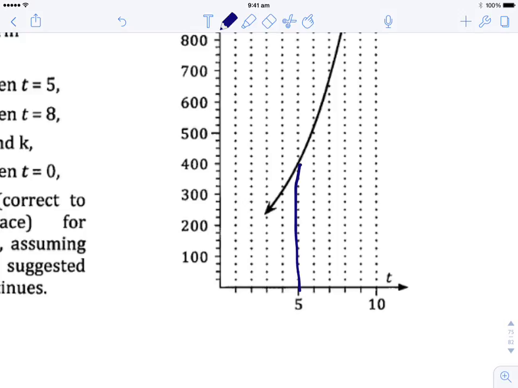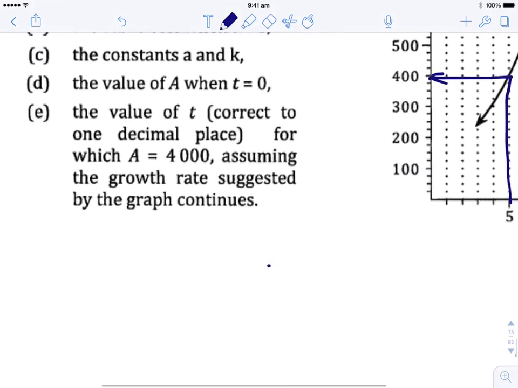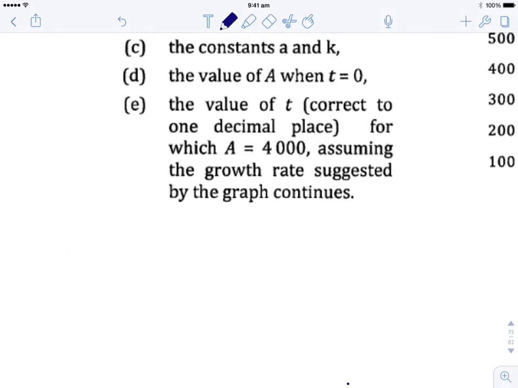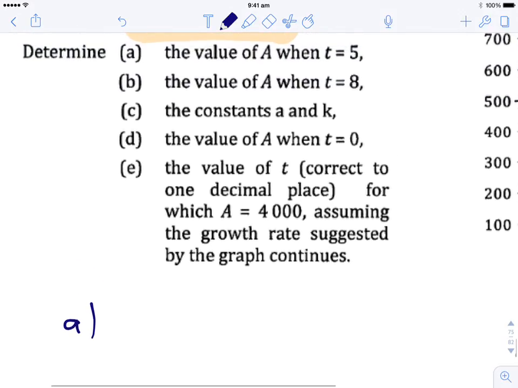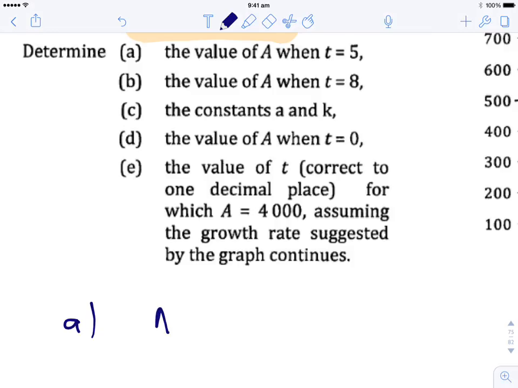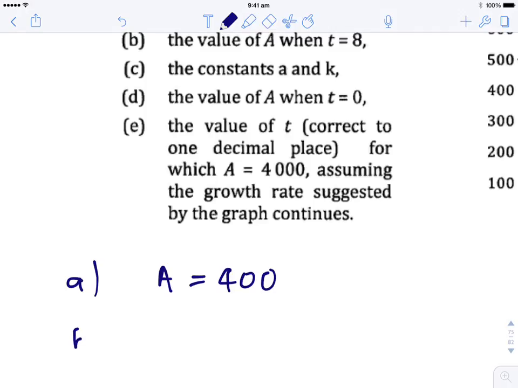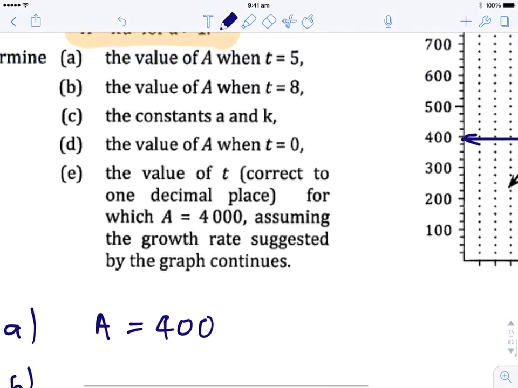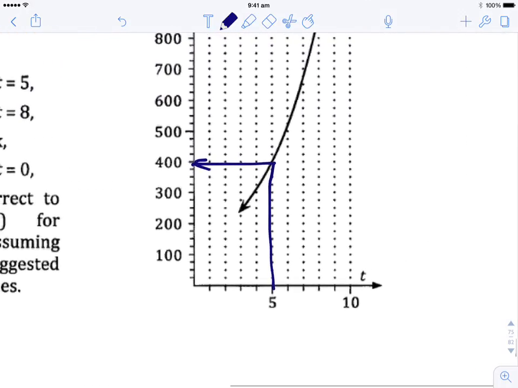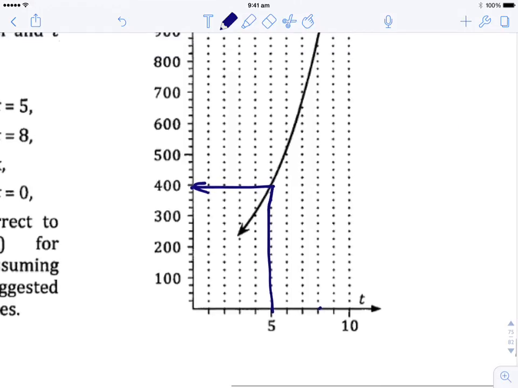So we've got t equals 5. I can see that's spot on 400. So for part A, what's the value of a when t is equal to 5? It looks like a is equal to 400. For part B, the value of a when t is equal to 8. Okay, so I'm going to go to 8 here on my graph.